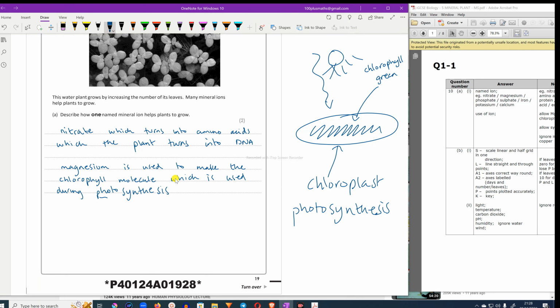Photo meaning light, synthesis means to put together, to build. Right, okay, let's move on.